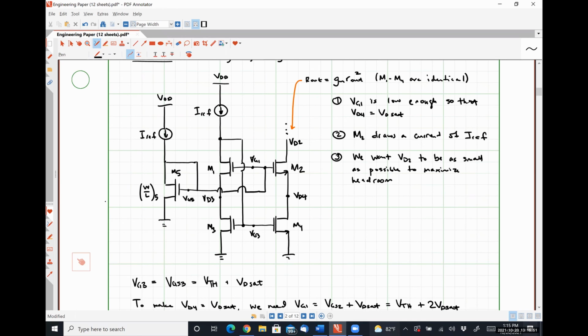Okay, you'd say W over L is the size of transistors M3 and M4, and M1 would be a fraction of that. And so the size of transistor M5 would be, so let's say this would be W over L divided by a factor of N. This guy would be W over L divided by a factor of N. Well, this guy winds up being W over L divided by a factor N plus 1 squared.